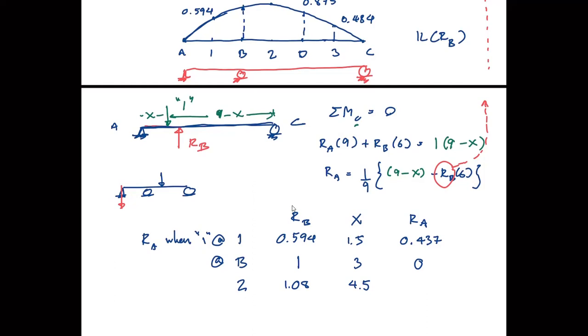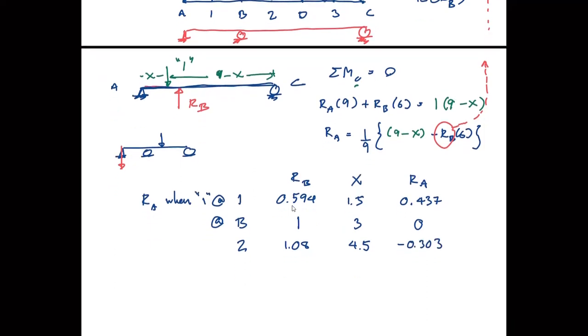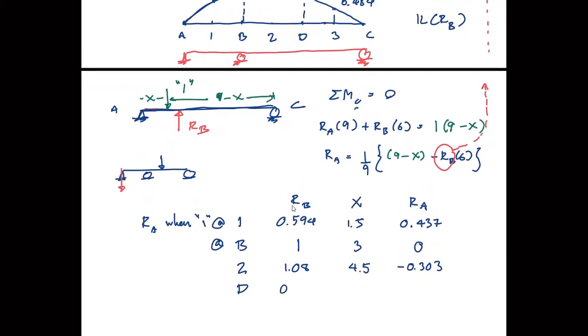And since nobody's helping me out, let me give you the number right away, okay? Because this is now repetitive. So that is about minus 0.303. And you can repeat this when it's at D, that's 0.875, right?